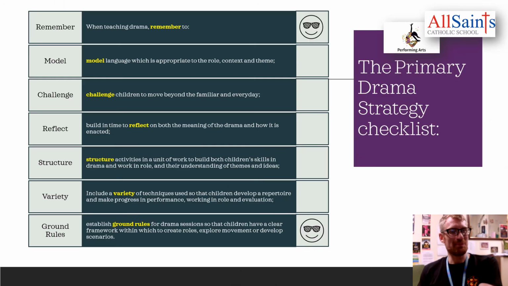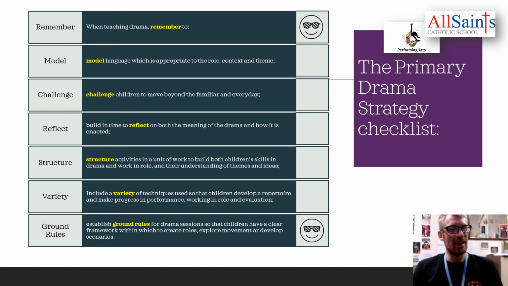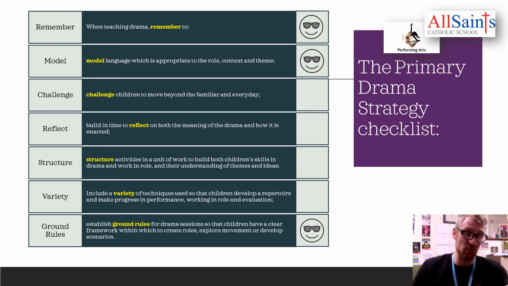Okay. So if we now go back to our primary drama strategy checklist, we should be able to take a few more of these off, I think. Have we modelled language that's appropriate to the role, the context and the theme? Yes, we have, because we've done some teacher in role, and we've also done some hot seating, where you have to use the appropriate language that suits the role and the context.